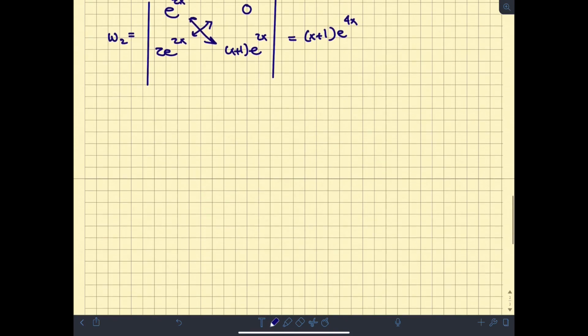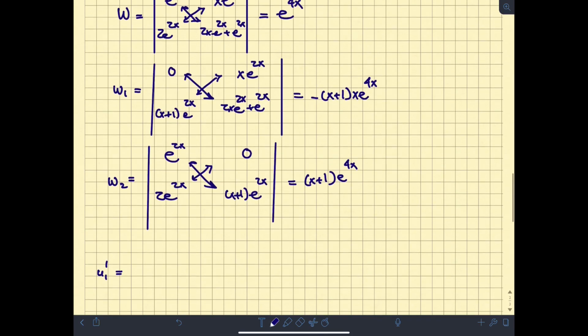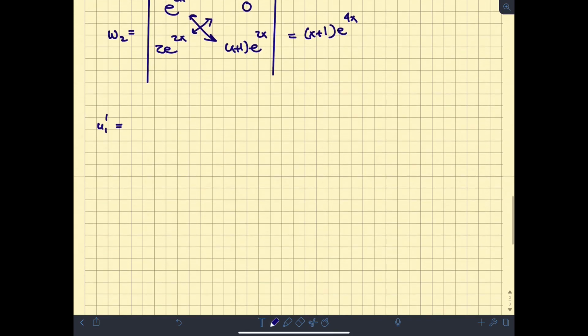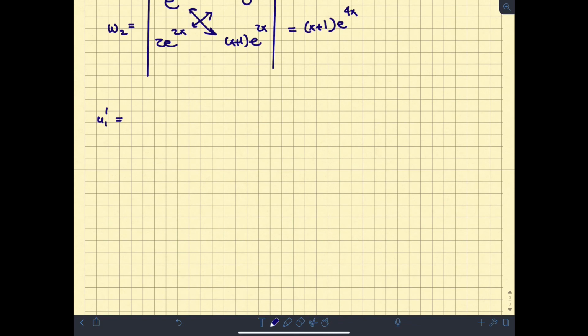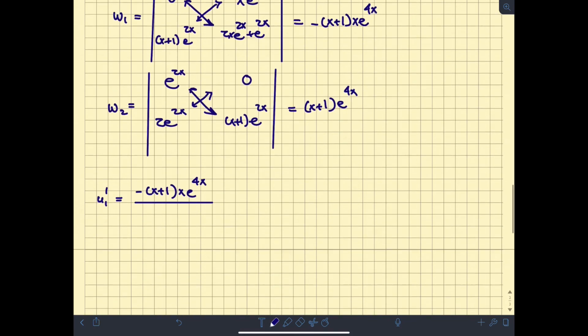Fantastic. So now I'm ready to write my u1 prime and u2 prime. So my u1 prime will be W1, which is minus x plus 1 x e to the 4x divided by my actual W, which is e to the 4x.